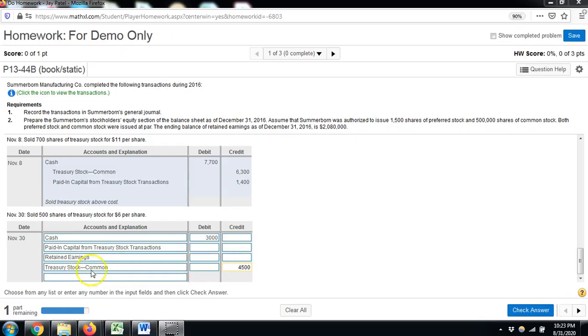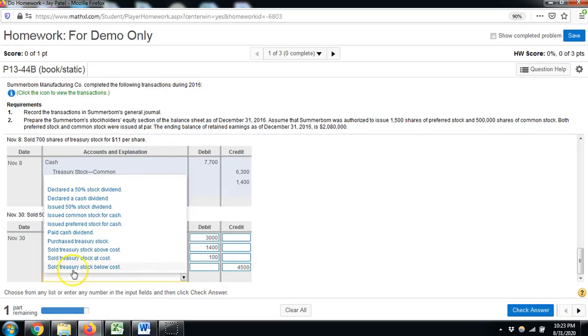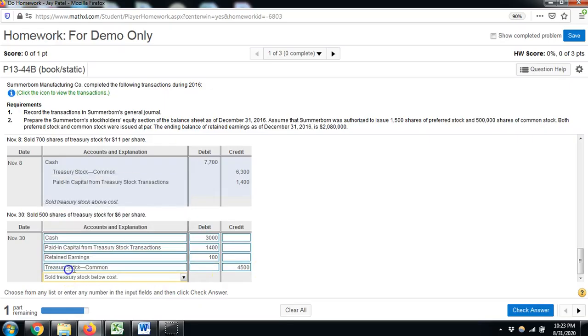It's a debit normal account, so by crediting it we are reducing it. And then we had our zeroing out of this 1,400. So now we've used up as much paid in capital as we can, but we still are $100 short on the debit side. So then we debit retained earnings by 100. And so this is sold treasury stock below cost.